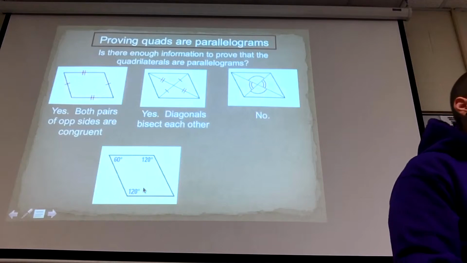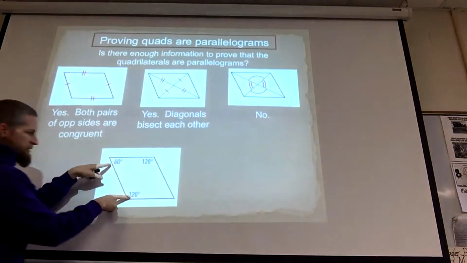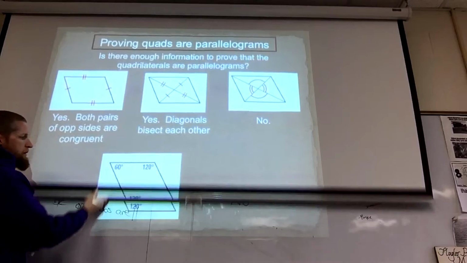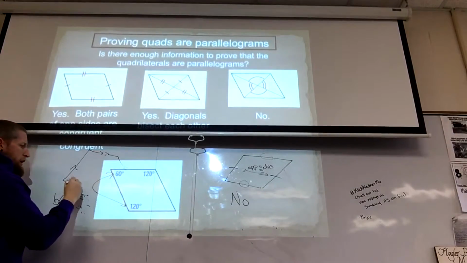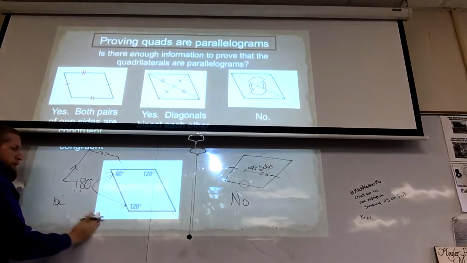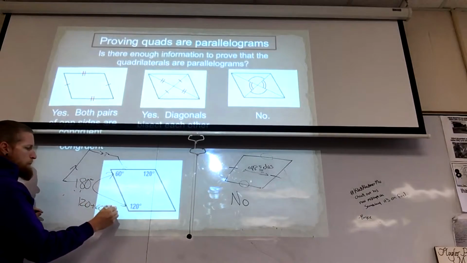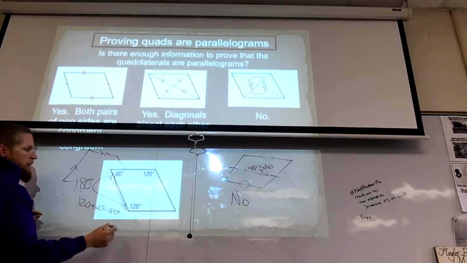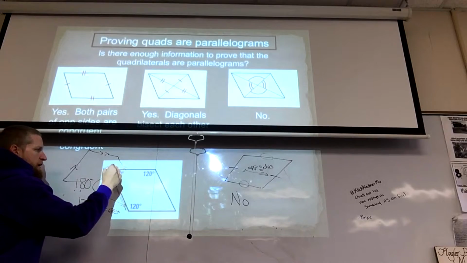This one right here, this is what I was saying. If you have something where you've got the consecutive angles, and again, for this thing to be a parallelogram, you want these two angles to add up to 180 degrees, which they do, correct? Like 120 plus 60 is 180, yes? Okay. For this whole thing to work where you go consecutive angles are supplementary, you have to also be able to check it in both directions.